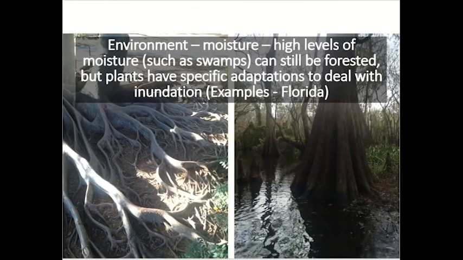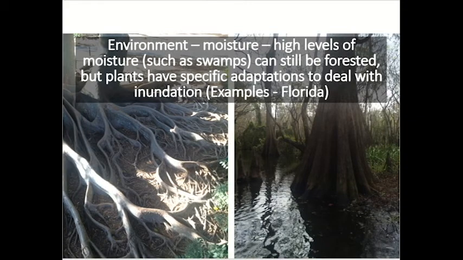Water is a constant problem for forests, for trees and forests, and there are two more examples I want to show that illustrate this. First is too much water. Trees are plants, and if you're going to live in a really wet environment, you need to be adapted to that. In swamps, one of the limitations for forest trees is that they can't get oxygen to the roots.